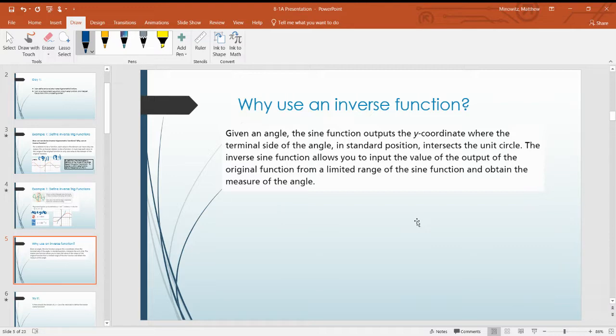For the inverse sine function, our input is now the ratio and the output is the angle. So we are looking for the measure of the angle. So if the problem involves a missing angle, we're going to use inverse sine. So let's look at a few examples.